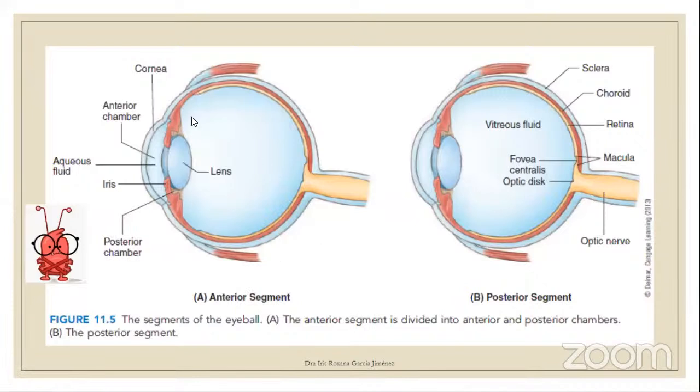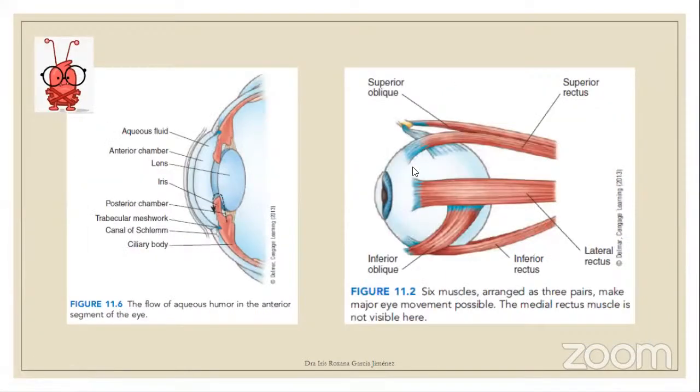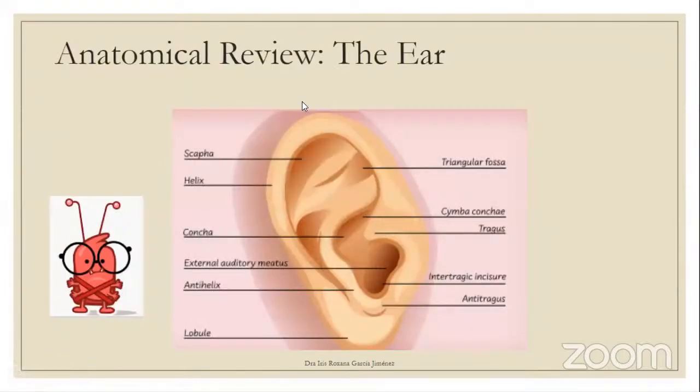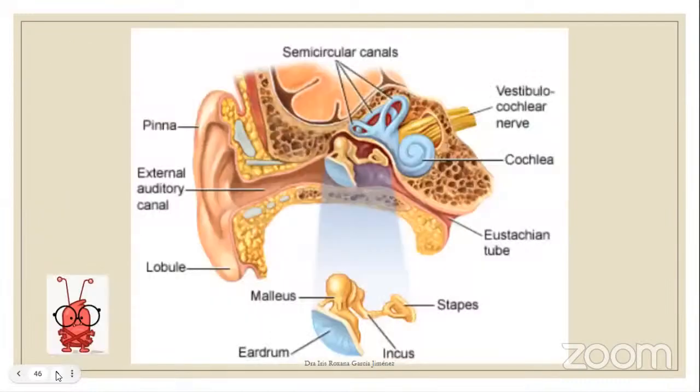Then we have the segments of the first portion of the eyeball. And now more details, the 6 muscles in the eyeball in order to move it. And now we got the ear with its anatomical details that we also check during med school, of course. Please, everything is in English, memorize this.